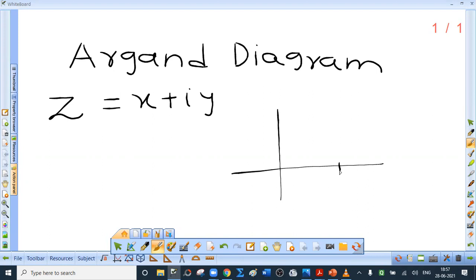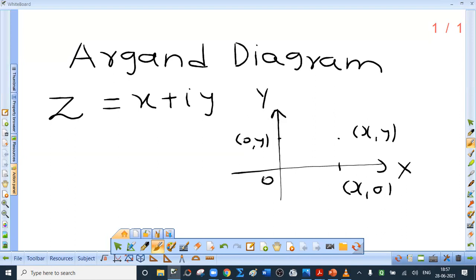So this is x0, this is the axis of reals, and this is the axis of imaginaries, right? So this is the point 0y. Okay, so this is nothing but xy. I hope you are getting this. Since y is a real number, y can be represented by the point 0y on the y-axis.